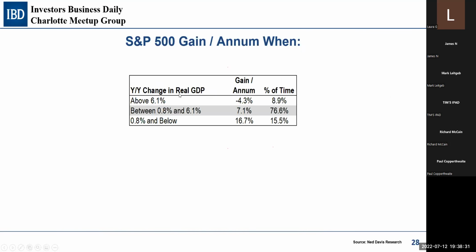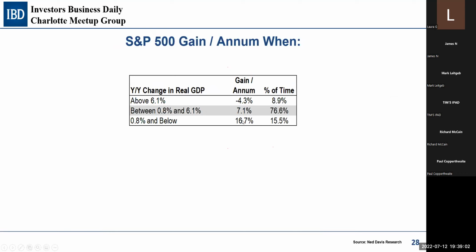And an interesting data point here, looking at the returns of the market in different regimes of GDP growth, you'll notice that the gains in the S&P are the best when growth is the worst. This is the biggest bucket, 0.8% to 6.1%, sort of an average long-term growth rate, and you have modest gains in the market, 7.1%.